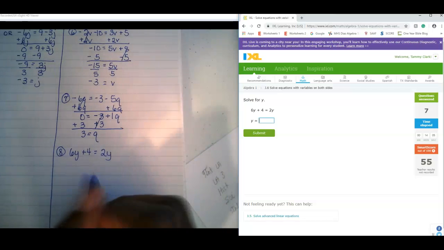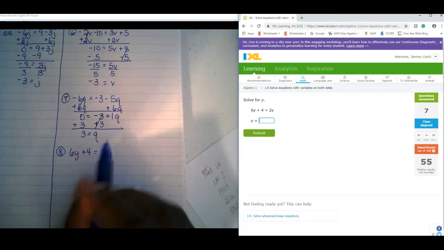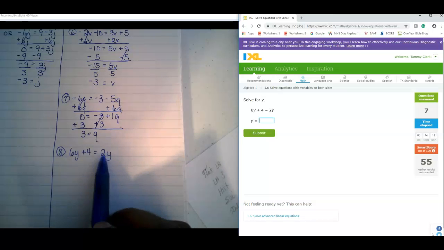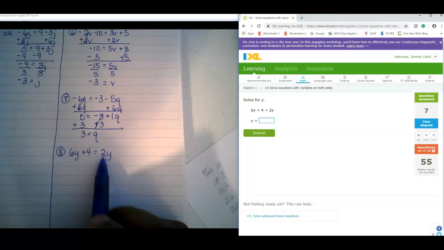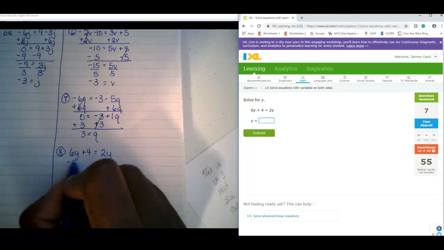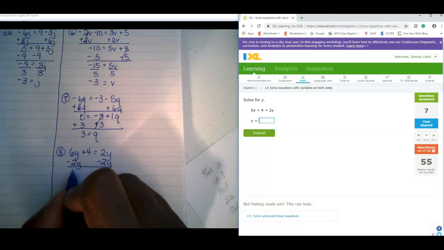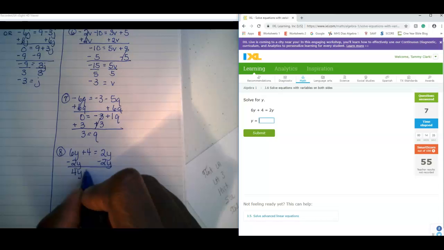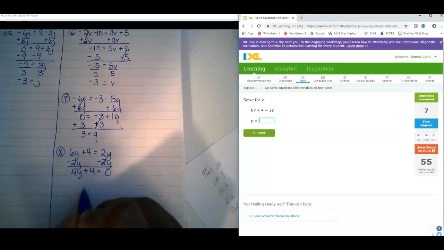All right, so we've got 6y plus 4 equals 2y. Again, we want all the variables on one side of the equal sign and the numbers on the other. Well, 2 is smaller than 6, so we're going to subtract 2y from both sides of the equation. So 6y minus 2y is 4y, plus 4 equals 0.